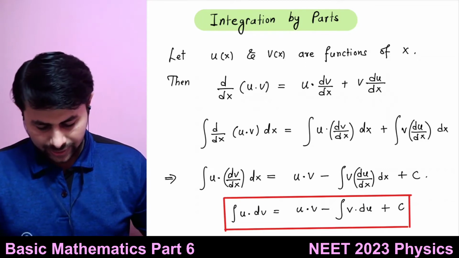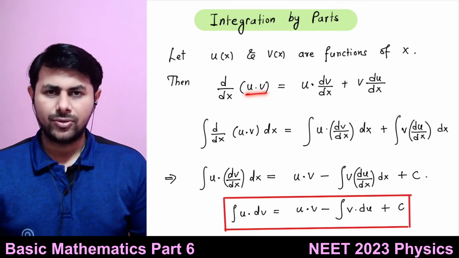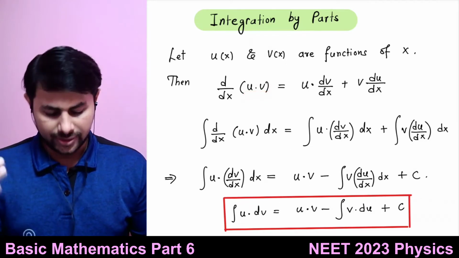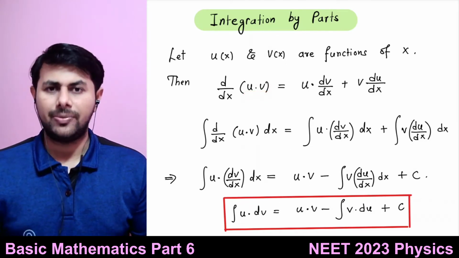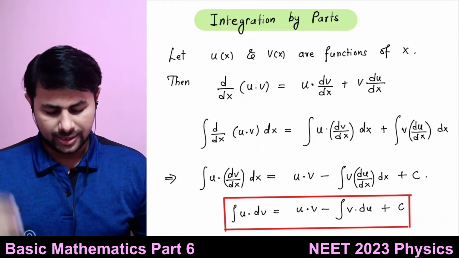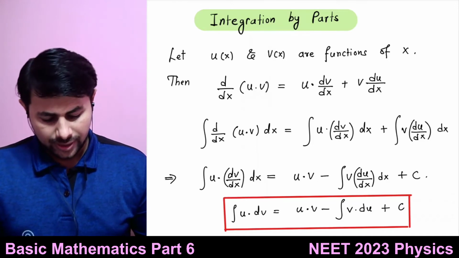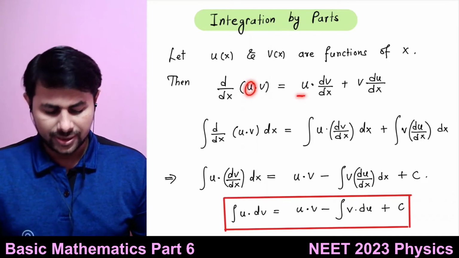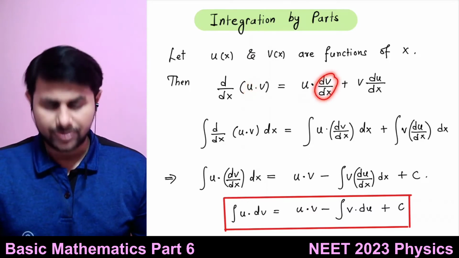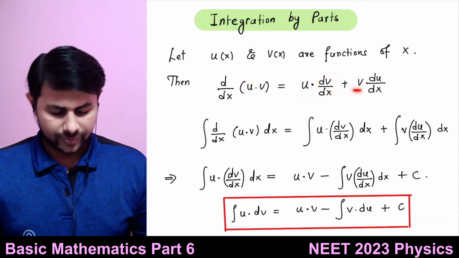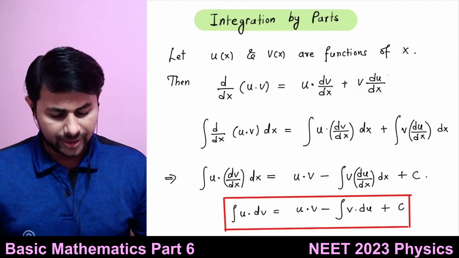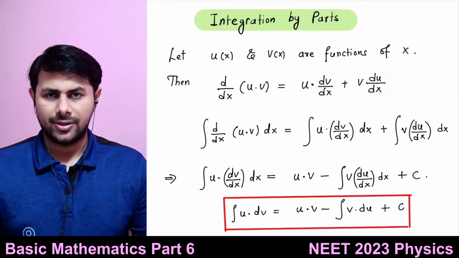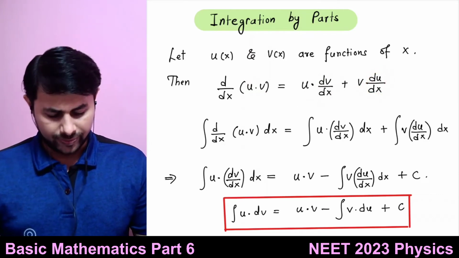If I have two functions multiplied and I want to take their derivative, then it is the first function as it is multiplied by the derivative of the second function, plus the second function as it is multiplied by the derivative of the first function. This we all know.